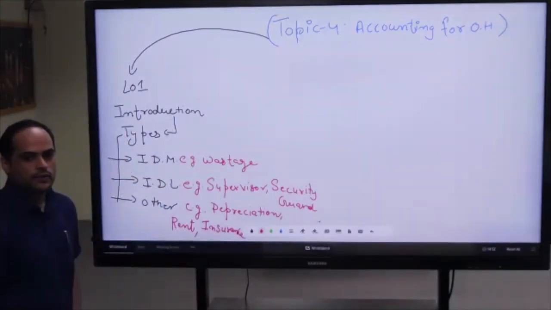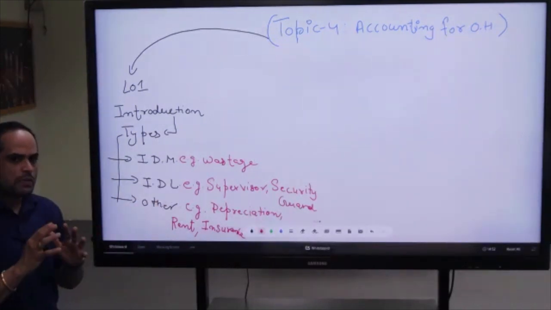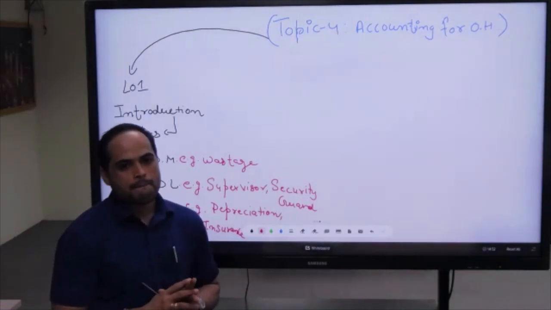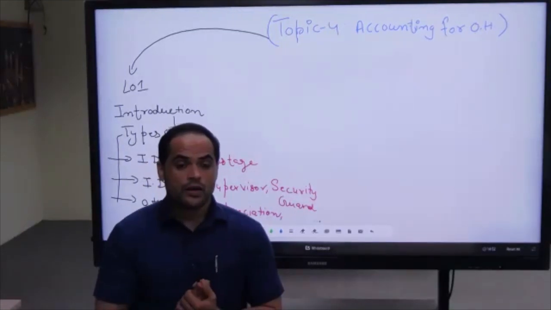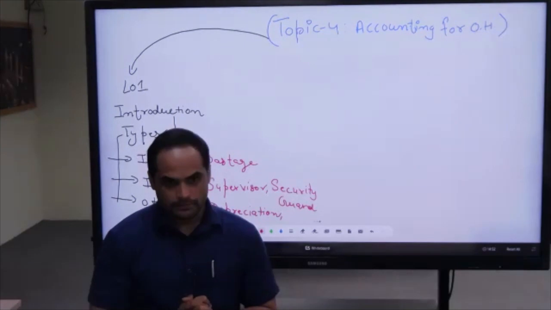Insurance, all right? So these are the very common ideas behind overheads, or indirect manufacturing cost, all right. Okay.